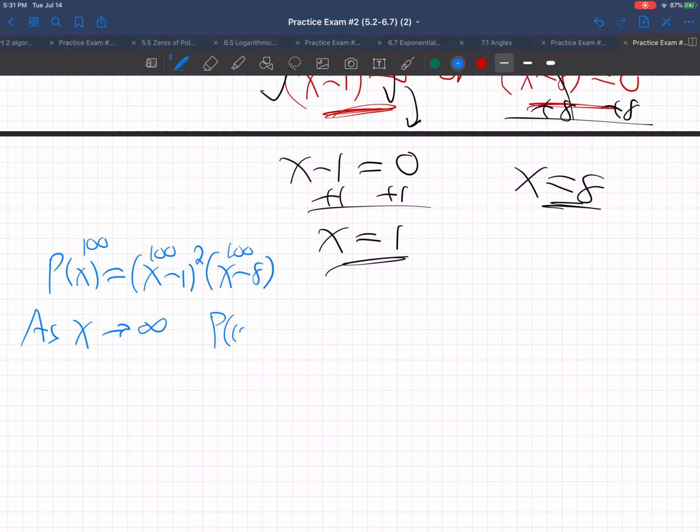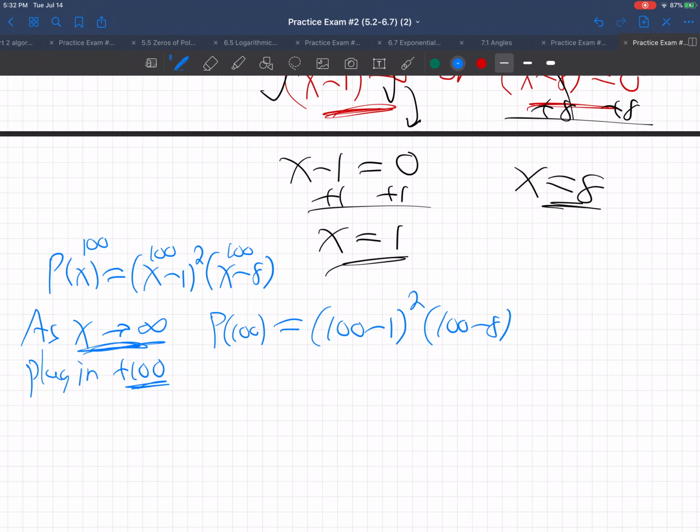So p of 100. When they ask you about x going to infinity, just plug in positive 100 and see what you get. Try to get a feel. 100 minus 1 squared times 100 minus 8. That's 99 squared times 92. I don't know what that number is, but it's positive huge. It's basically positive infinity.